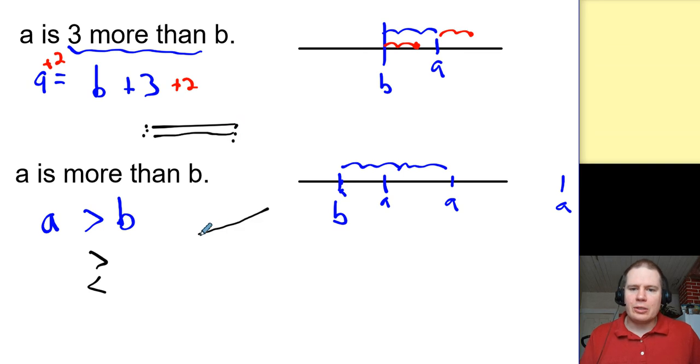As soon as I tilt those lines, this distance is no longer the same as this distance. Which distance is the longer distance? This one is. So this is the greater side compared to this one.